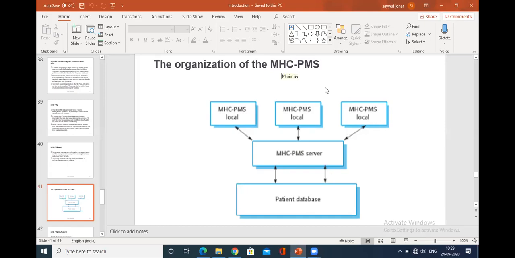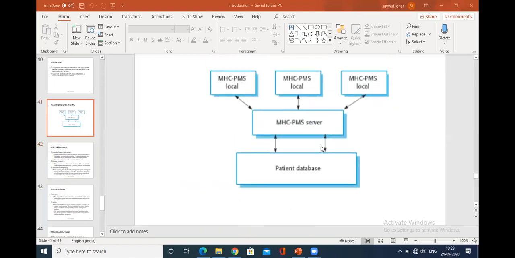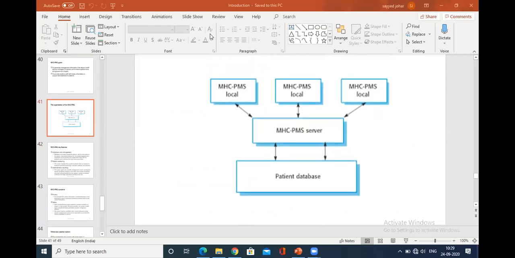So let me continue. I could see a few students not representing with the register number.